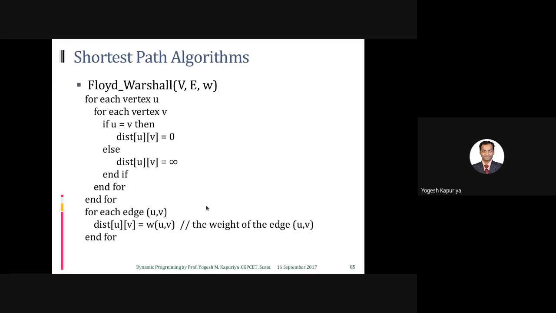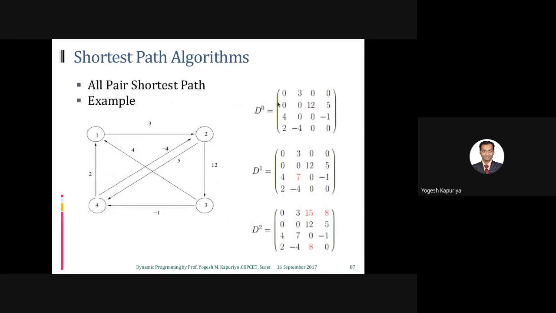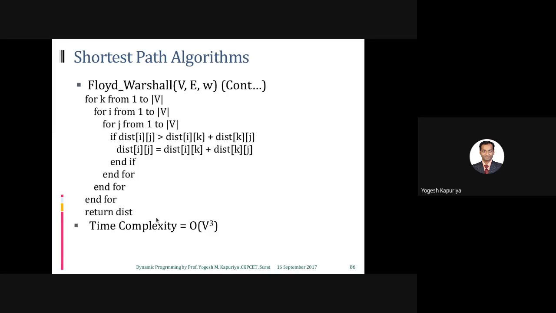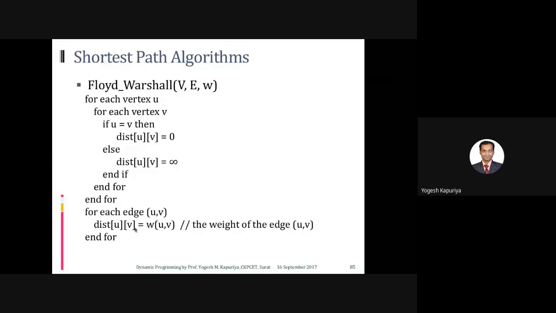Then we all know that we have a weight of edges. So we can change the values of this matrix by applying the weight of an edge on this matrix. What we can have is something like this: for each edge uv belonging to the graph, distance of uv is equal to weight of uv.